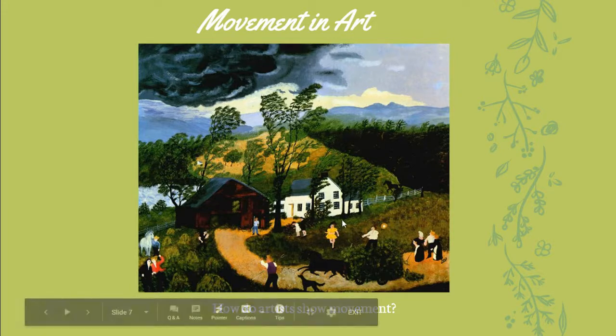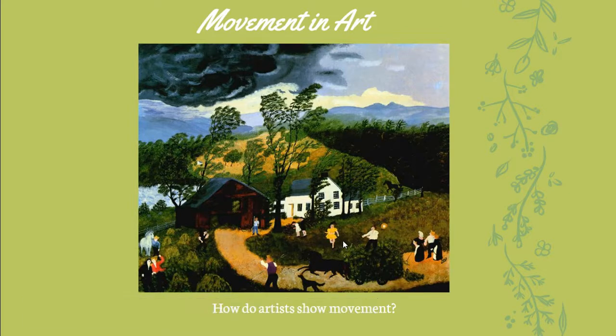And the little girl's hair and this woman's hair is also going in the same direction. So it must be a very powerful wind and a very fierce storm is coming. So that is how artists show movement. They don't have things standing still with straight lines. They have angled or diagonal lines to show that animals and people and things in the picture are moving.